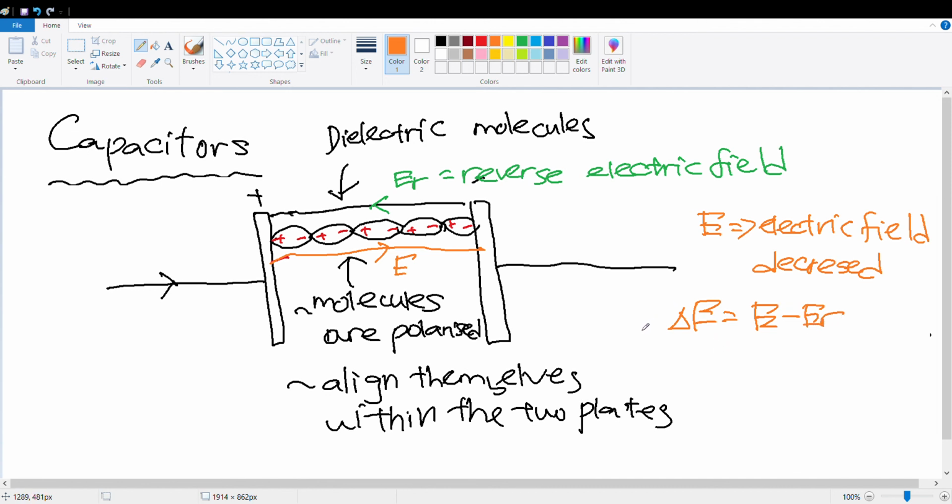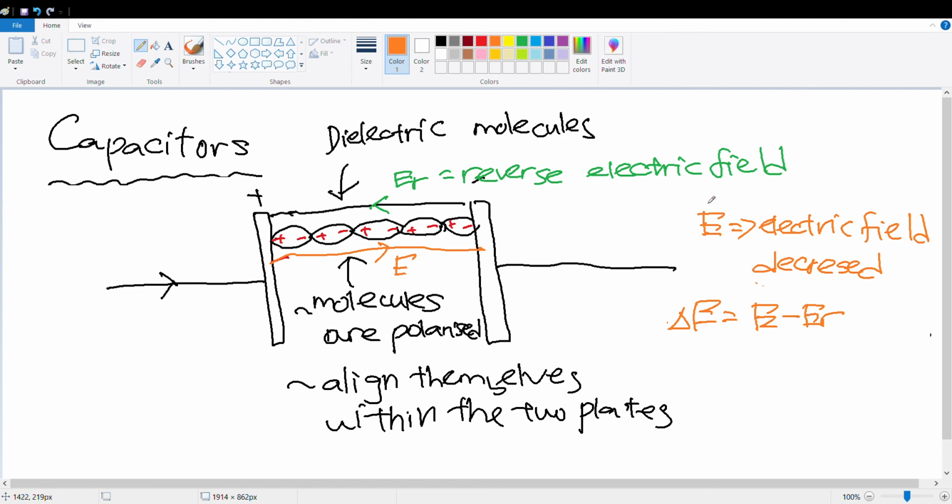So this change in E is smaller than the initial electric field. I repeat again, this change in E, which is the resultant electric field, is lower than the initial electric field because the initial electric field is cancelled by the reverse electric field.